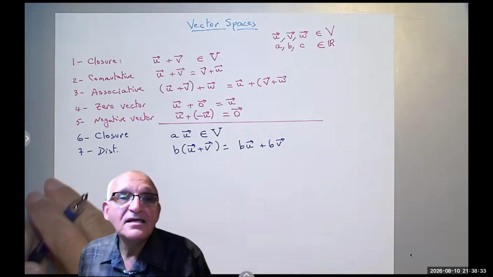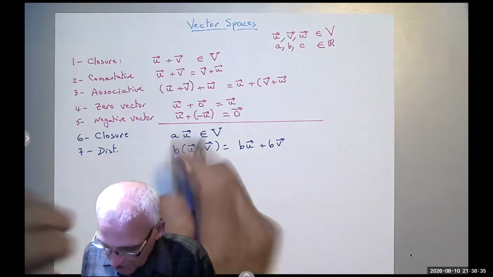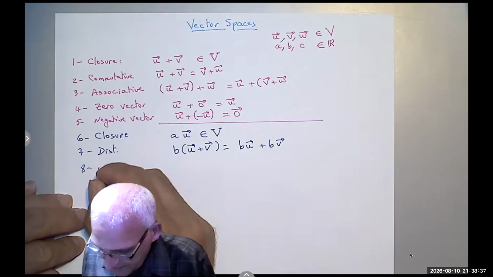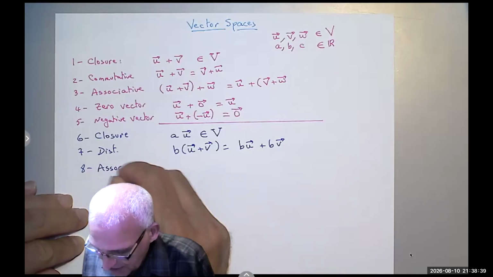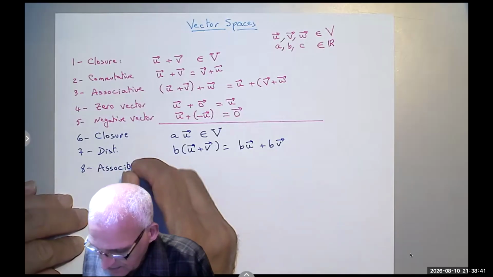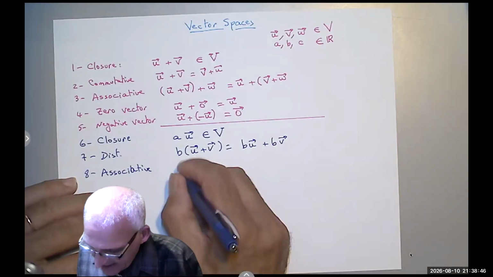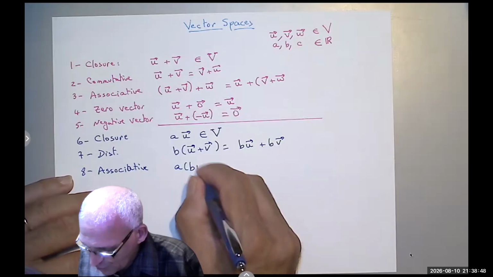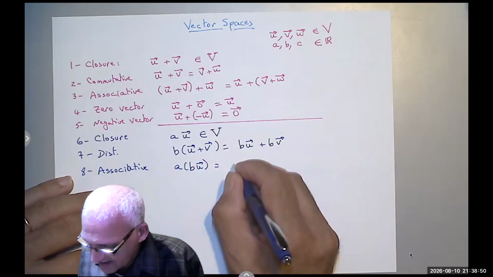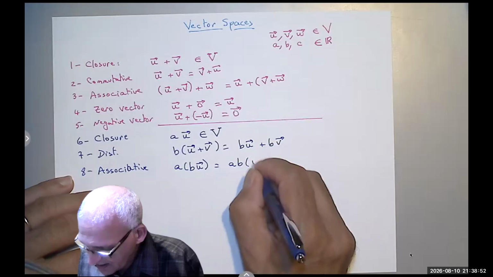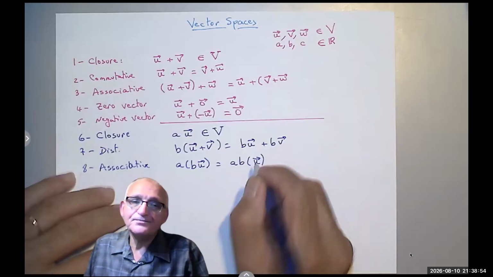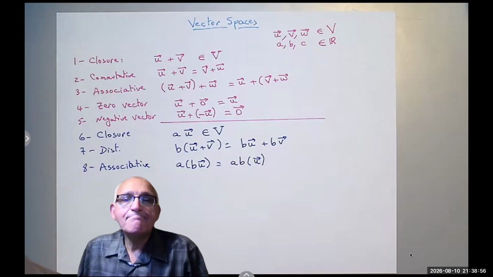And then it's also associative, meaning if I say a times bu, this is the same as a times b, everything times u. Okay?